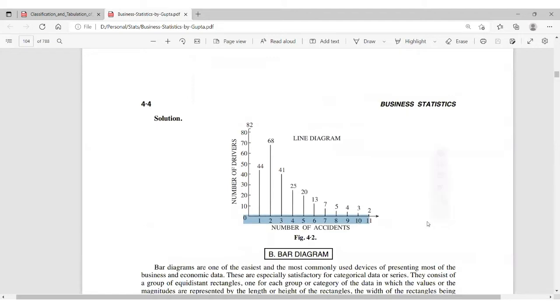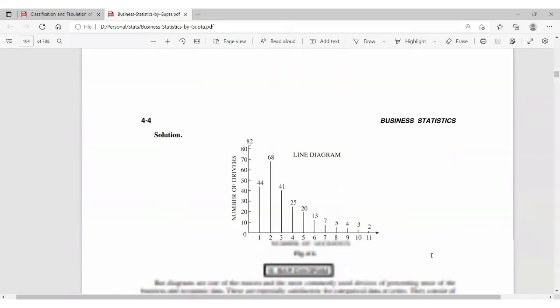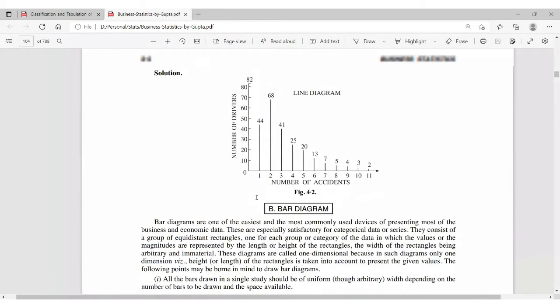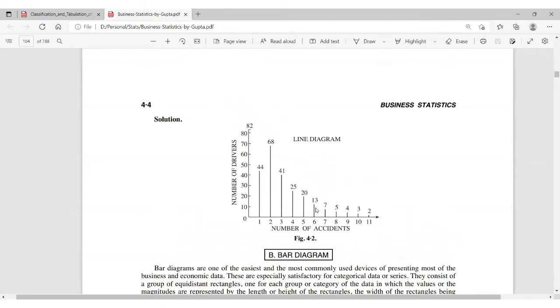The first part is number of accidents, and the second is number of drivers. Generally, the first one is the x-axis and the second is the y-axis.